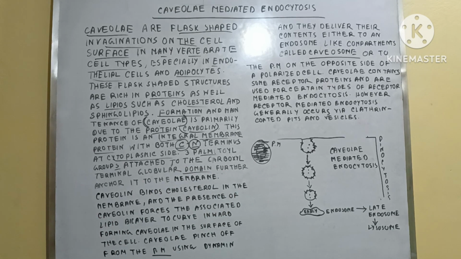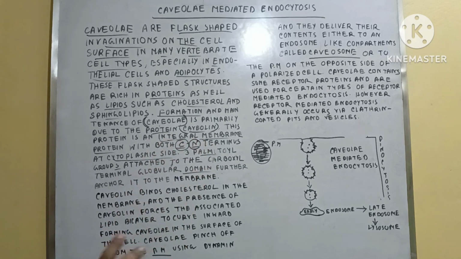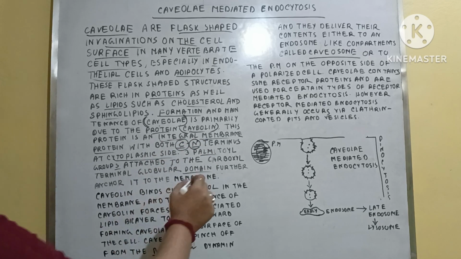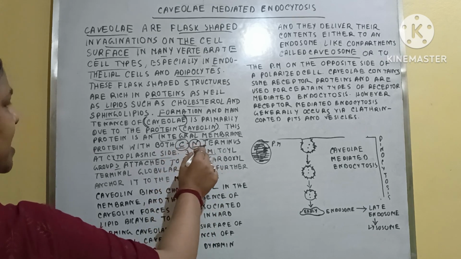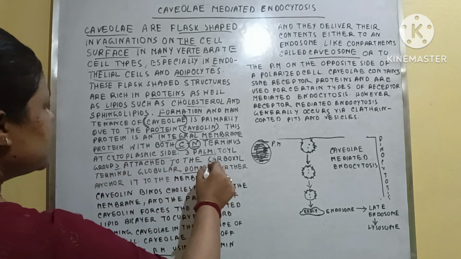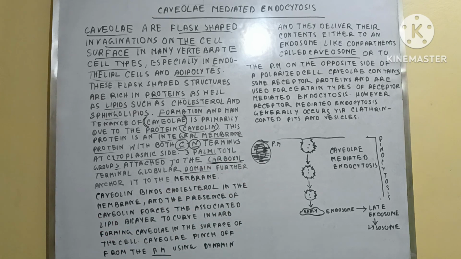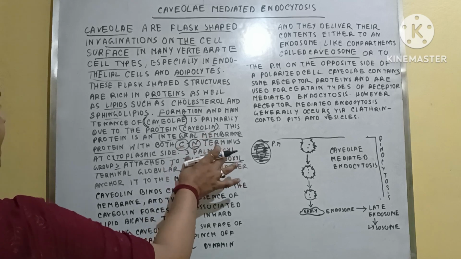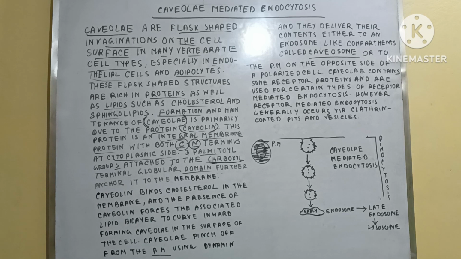So the terminal sites are C and N, and the three palmitoyl groups are present in the carboxyl terminal region, remaining there for further anchoring with the plasma membrane.